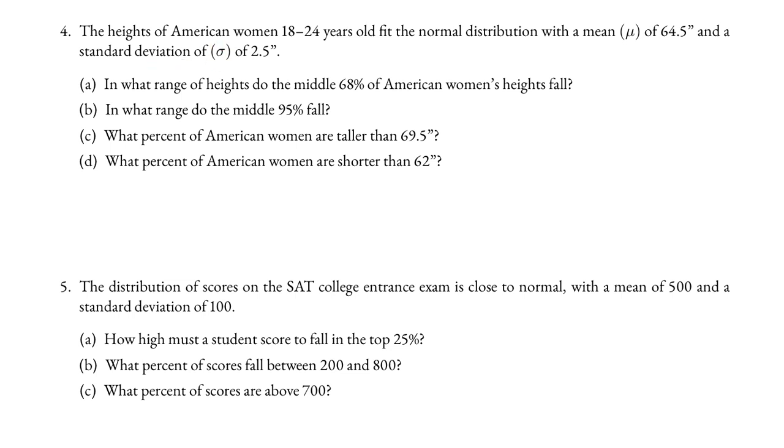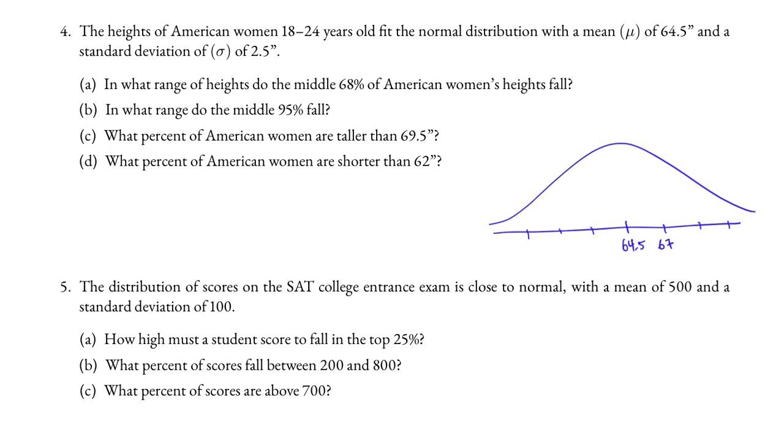Since this is a normal distribution, we should draw a normal curve and label the mean in the middle. From the mean, we go to the right 3 standard deviations, and we go to the left 3 standard deviations. Keep in mind that one standard deviation is 2.5. Taking 64.5 and adding 2.5, going one standard deviation to the right, we get 67.